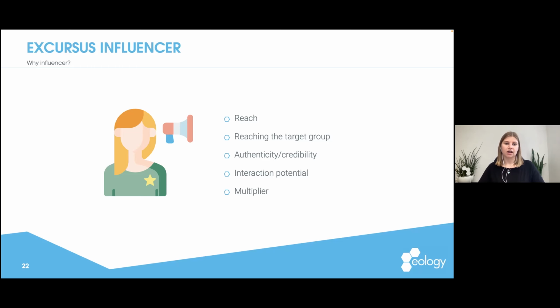And they have a big interaction potential: when they post a picture online, it's commented, it's liked, thumbs up. That's the interaction you actually also want to have for your content marketing project. And of course, the multiplier factor, as the content is distributed further by the community, first by the influencer and then by the community.